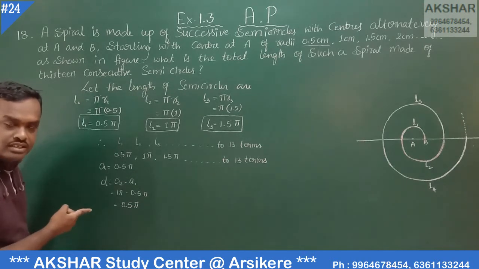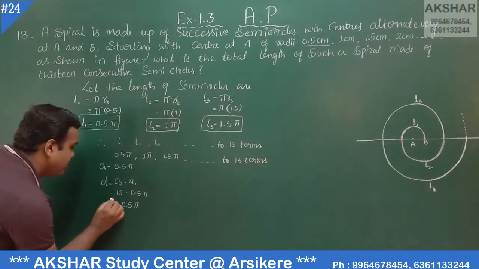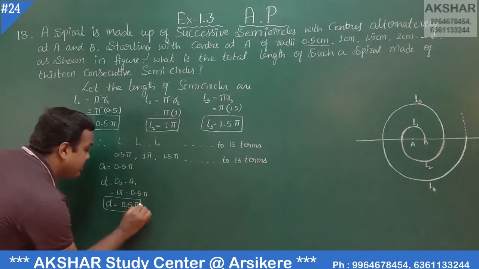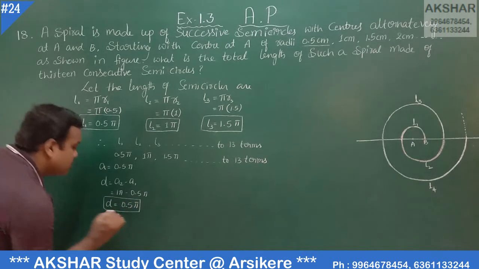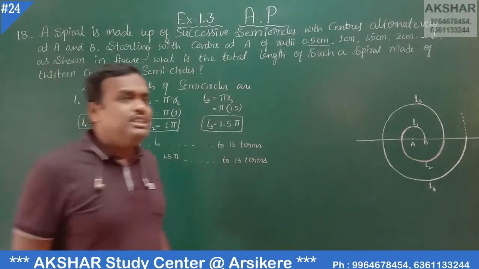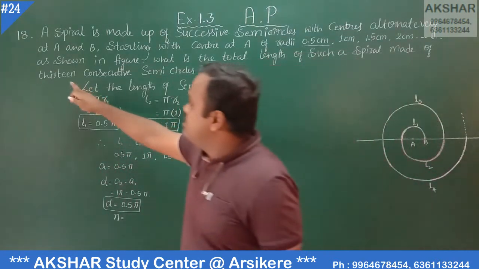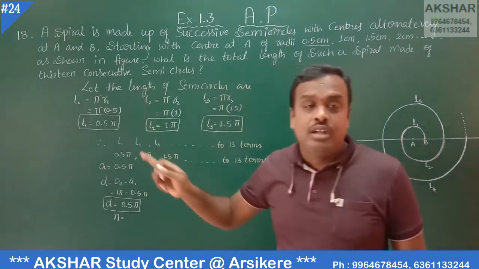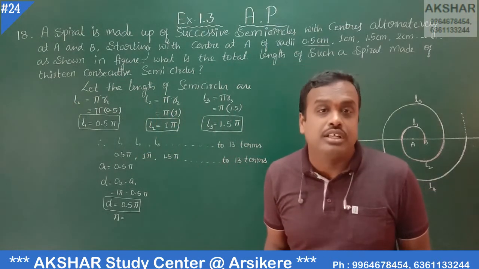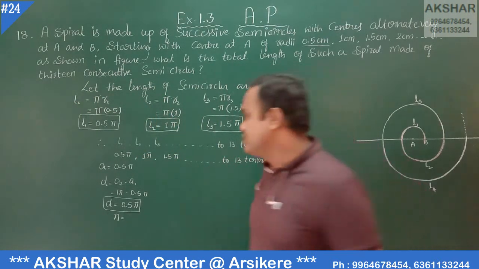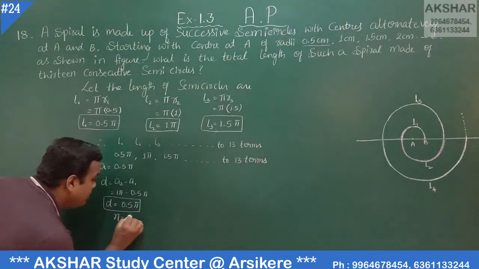Is it clear? Yes, this is d. And next, n. What is the number of terms here? They are given here. There are 13 consecutive semicircles, which means the number of terms n is equal to 13.